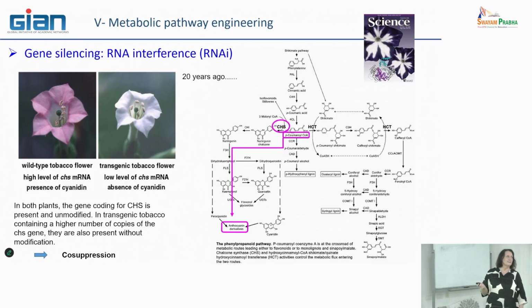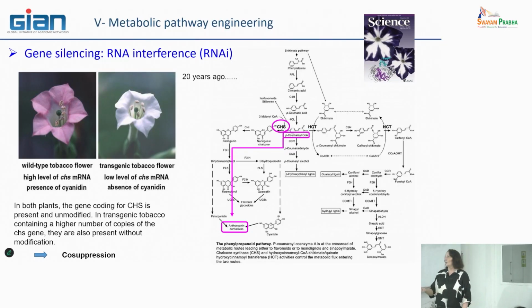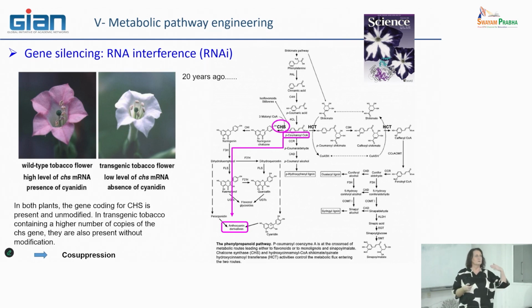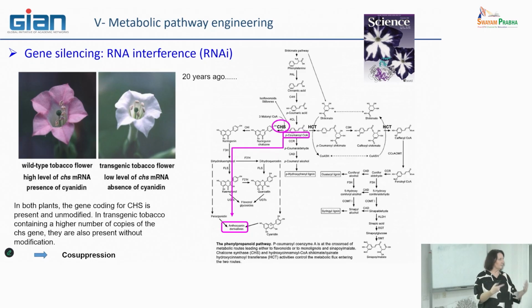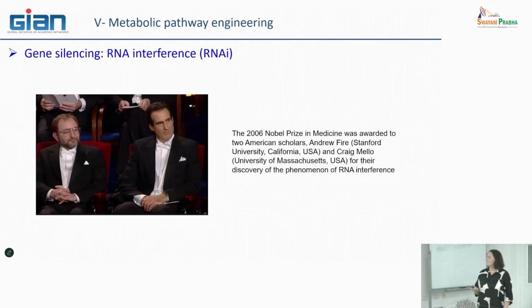They called it a co-suppression system, because in fact, all the mRNA of the transgene and also the mRNA of the normal gene are completely destroyed during this period of time, which leads to the absence of cyanidin and anthocyanin. What is the explanation? Now we know that very well.